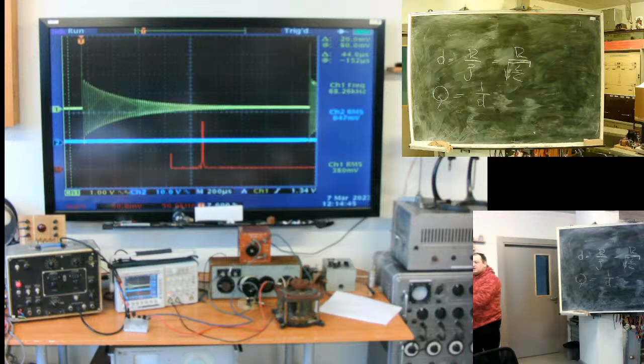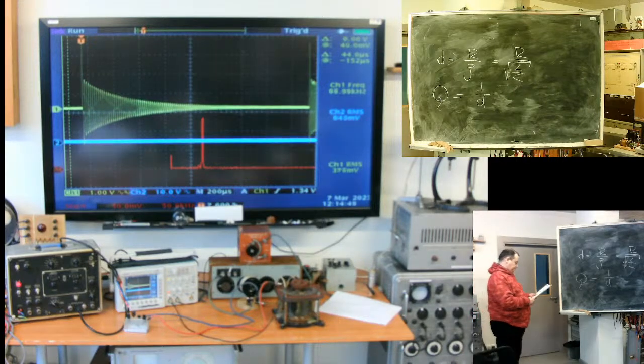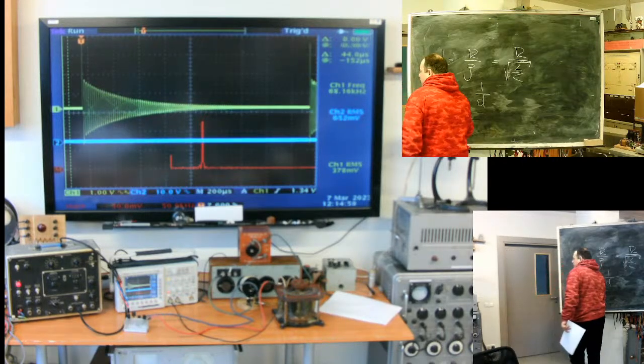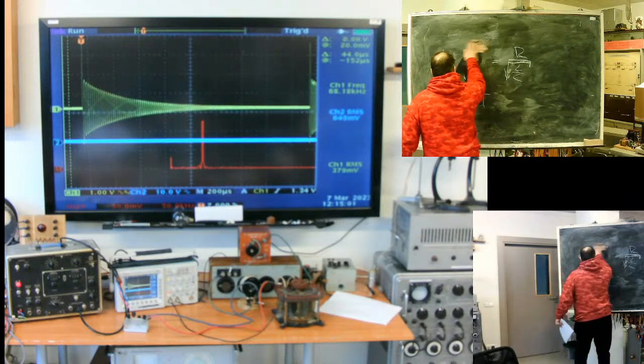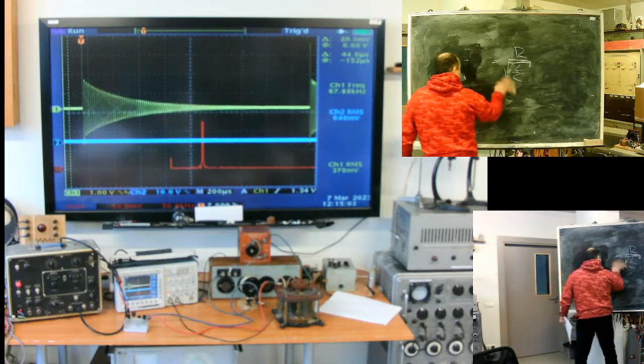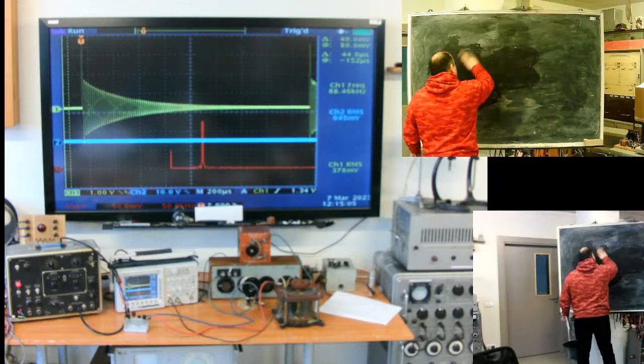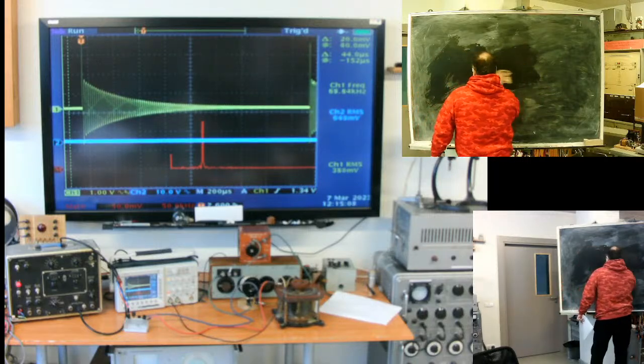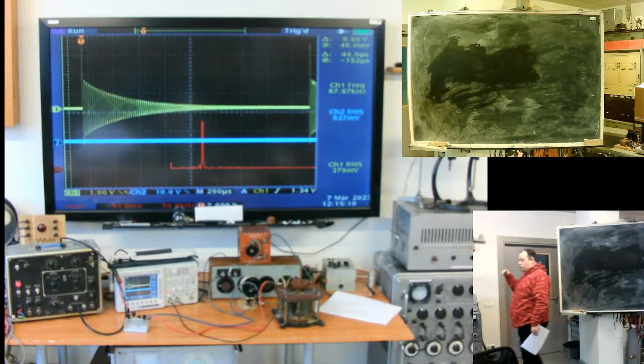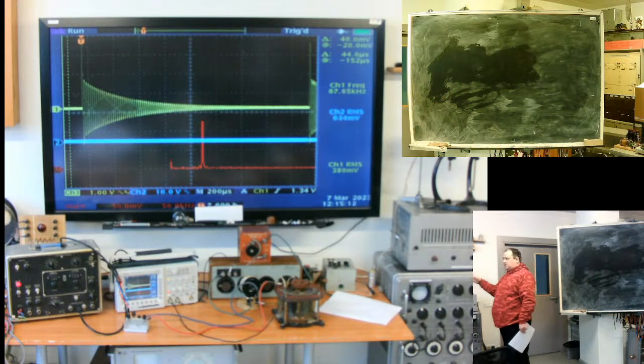Fewer losses, better oscillation. We can use such a system in a mode of constant signal, like pushing it all the time. It's like a pendulum pushed all the time.